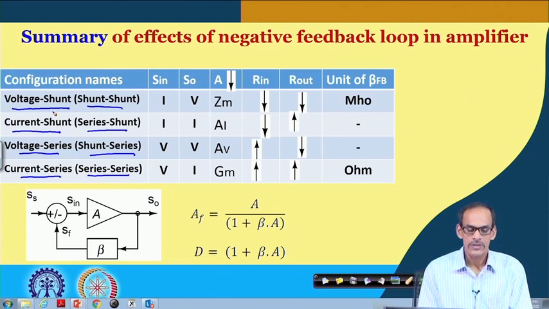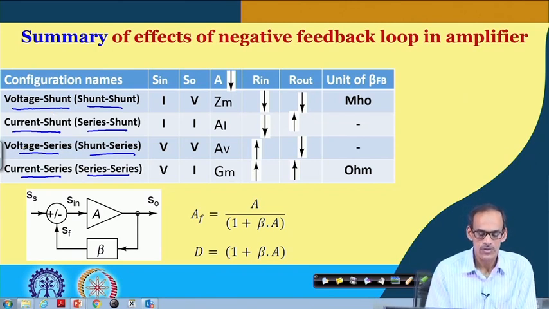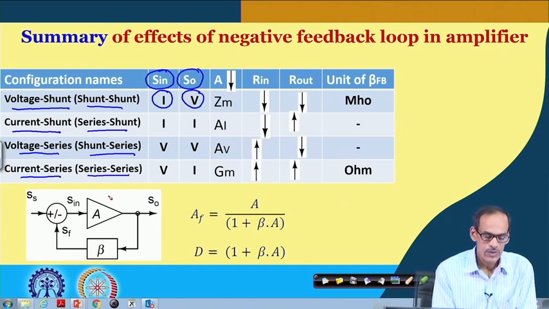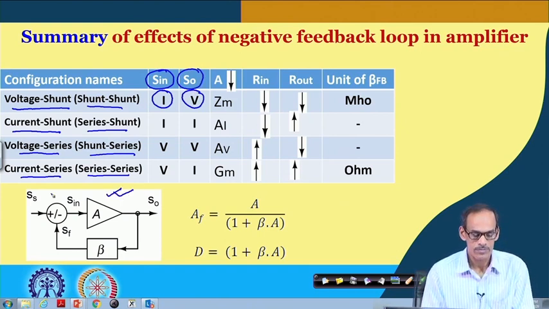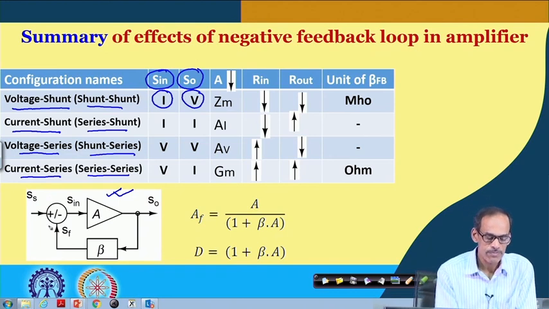You may recall that depending on these configurations, we can say what type of signals we have at the input and at the output of the system. Here we have the basic model of the negative feedback system.